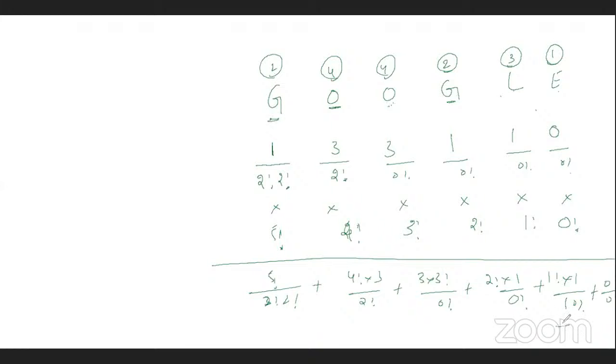In the last, we should write plus. So this is the number we are reaching finally. If we evaluate this whole value, we can get the mathematical rank of the word Google. Note it down.